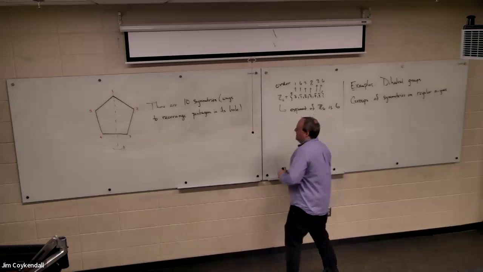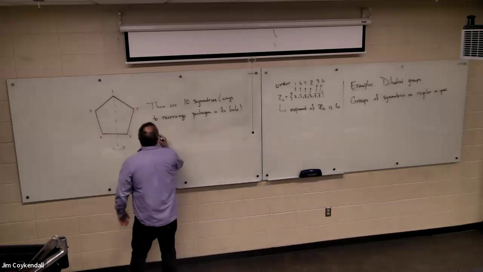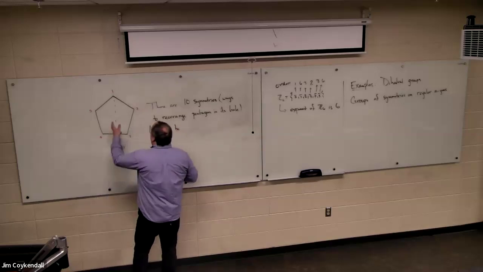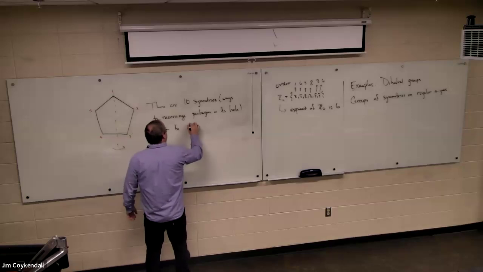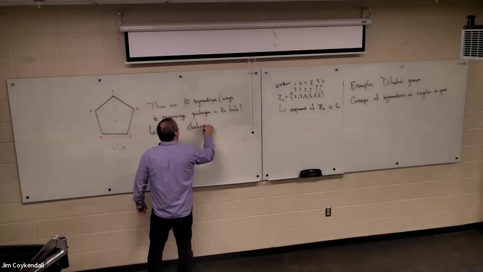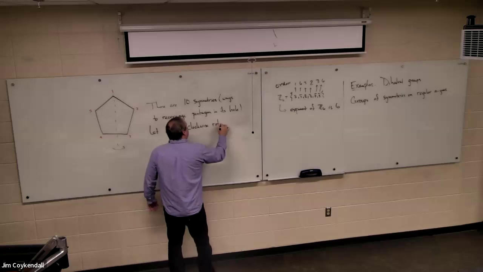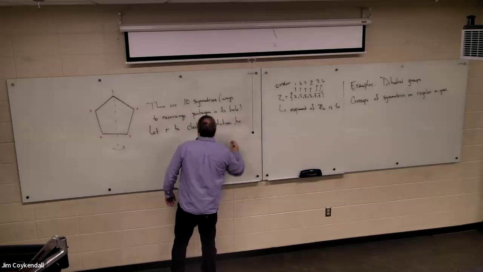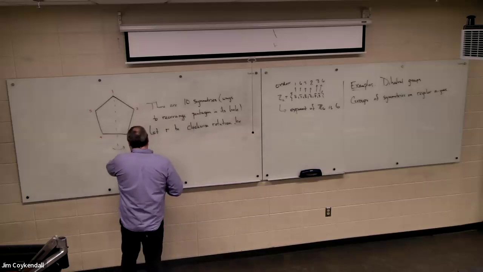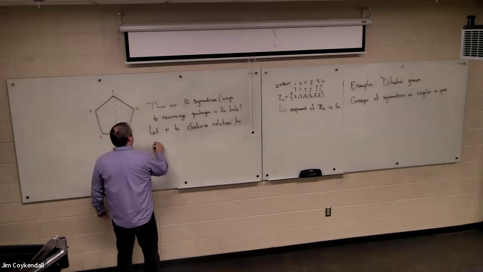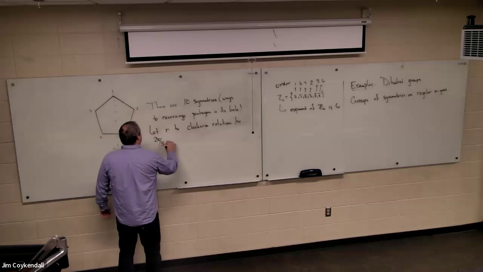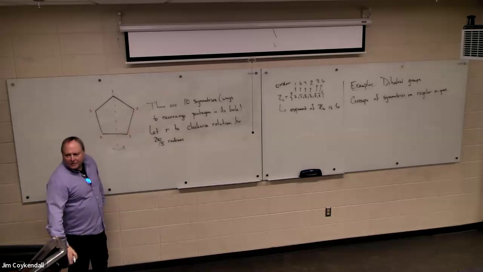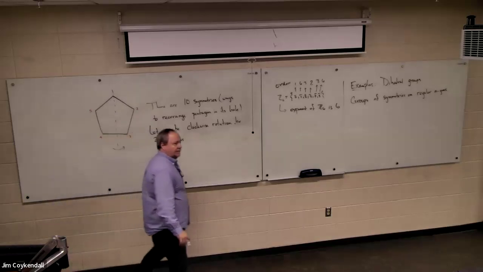So let R be, let's say, clockwise rotation by 72 degrees. That's the cut of your jib.